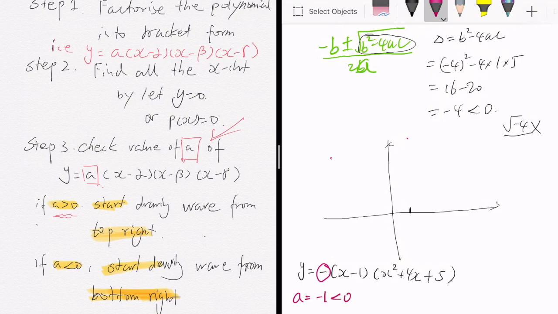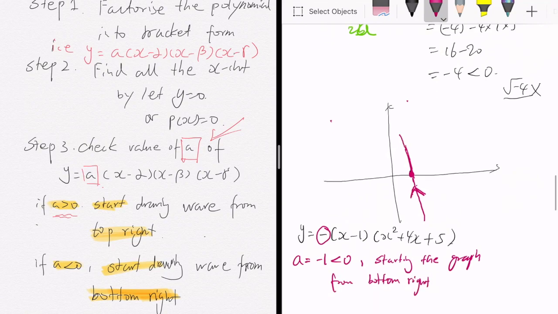So check step 3 on the left hand side. When a is smaller than 0, we start the graph from the bottom right. Okay, so we're starting from the bottom right, and then we cross the x equal to 1 intercept, and then we know it's going to extend, and then there will be a y-intercept.